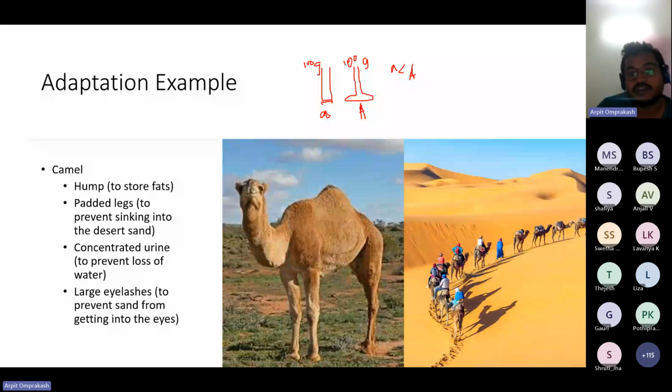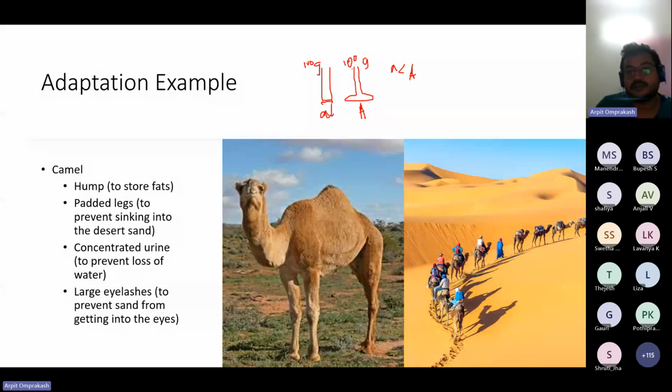But here we have an area of small a, and here we have an area of capital A. So in the first case, the whole of the force, 100 g of force, is distributed over a smaller area, a. In the second case, it is distributed over a larger area, capital A. When you have a foot like this, which is not padded, which is kind of sharp, it will tend to sink into the ground because most of the force is concentrated on this area.